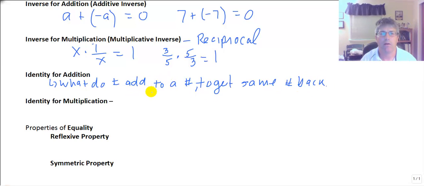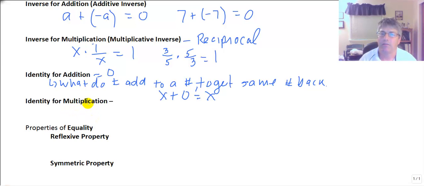Well, if I add 0 to a number, I'm going to get my same number back. Okay? So any number plus 0 will equal that same number. X plus 0 is equal to x. So the identity for addition is 0.